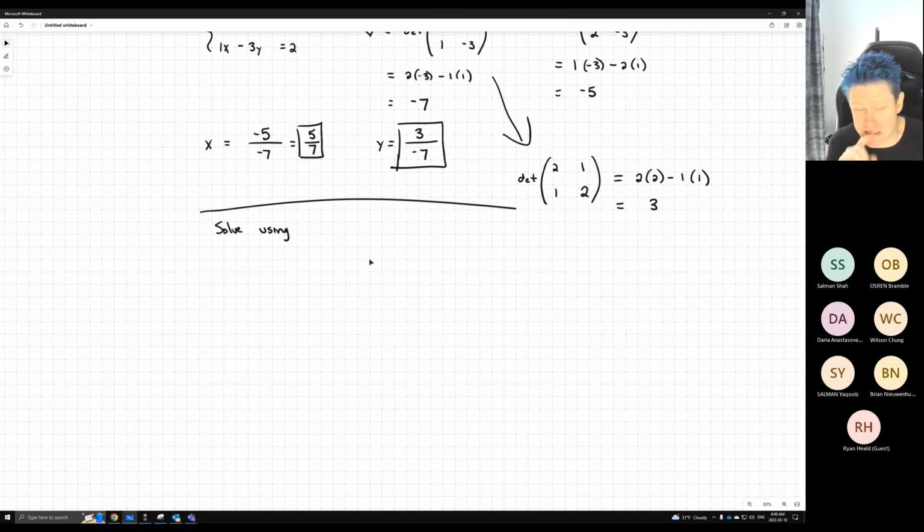By the way, on the midterm exam, I'm very flexible with methods that students use. On the final exam, you should expect that you may have to use a particular method to solve a system. For example, you may have some problem where you need to use determinants, like solving systems using this method.